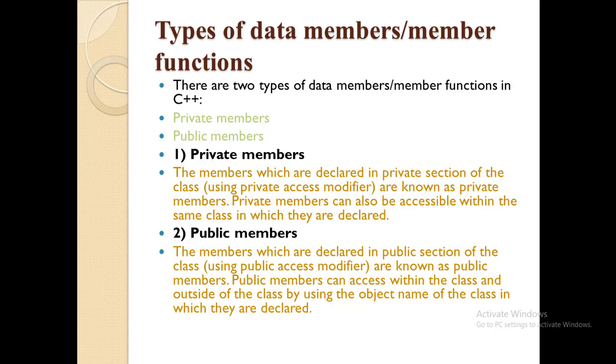While the public members, which are declared in the public section of the class, can be accessed within the class and outside of the class by simply using the object name of the class in which they are declared.